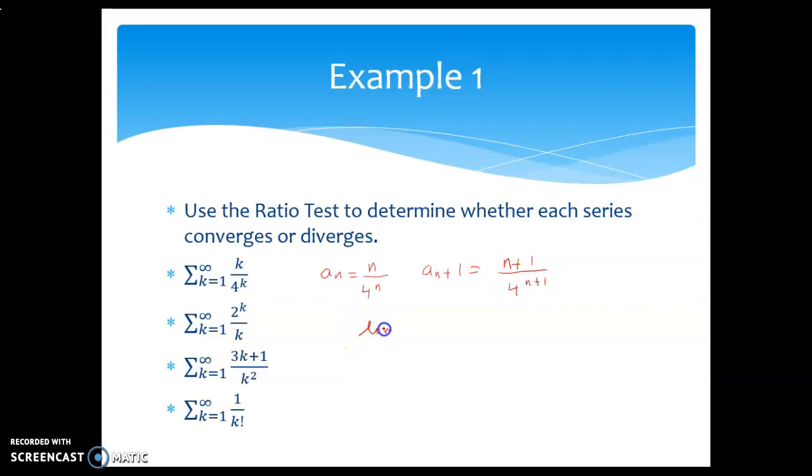So we take the limit as n goes to infinity of n plus 1 over 4 raised to the power of n plus 1, times 4 raised to the power of n over n.